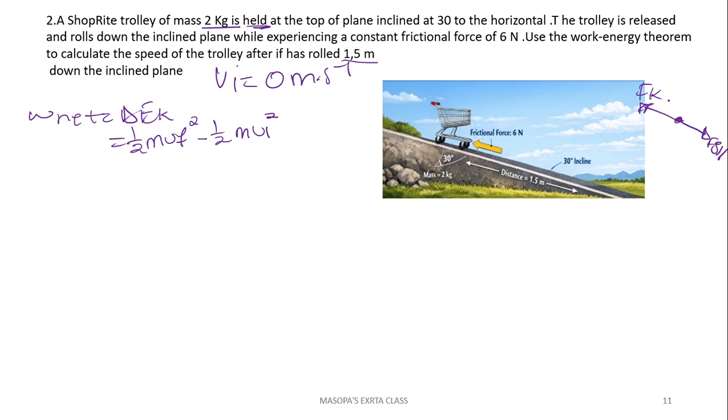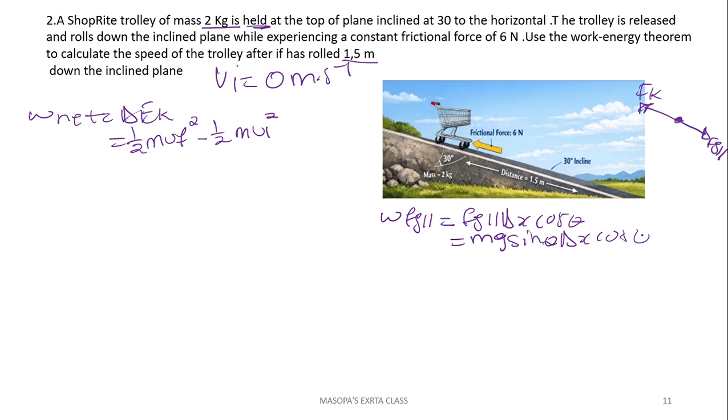From there we can look for the work done by the FG parallel, that is equals to FG parallel times delta x times cos of theta. Then FG parallel is mass times gravity times sine of theta, times delta x times cos of theta.